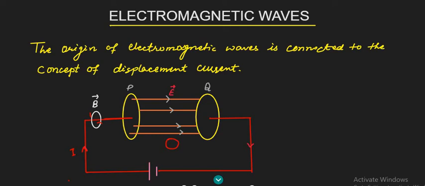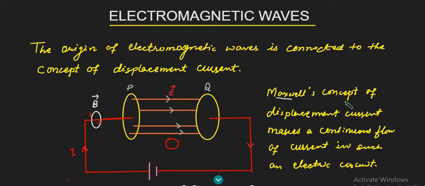Maxwell named it displacement current and attributed its origin to the varying electric field between the plates of the capacitor. Thus, according to Maxwell, the varying electric field across the plates of the capacitor gives rise to a magnetic field.